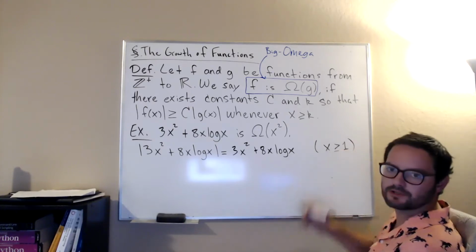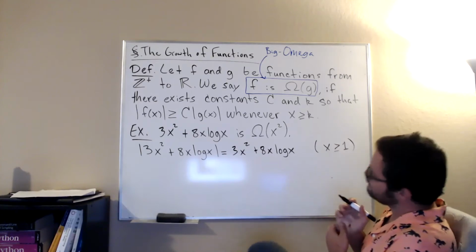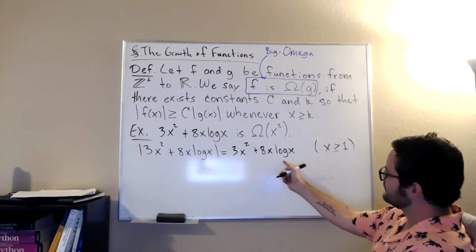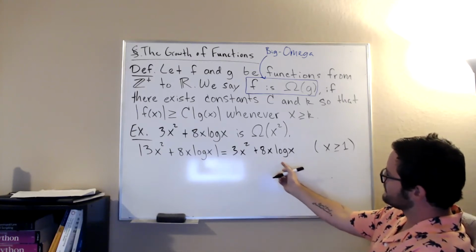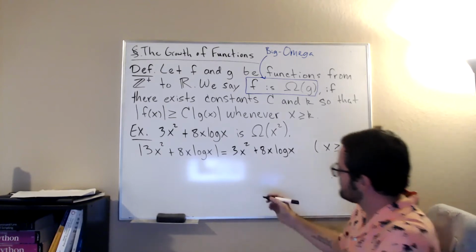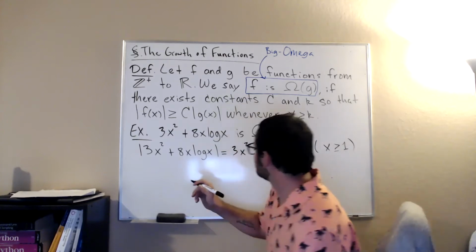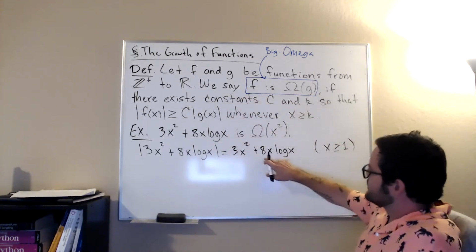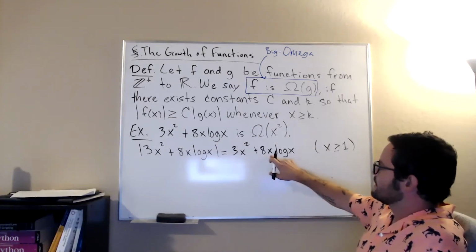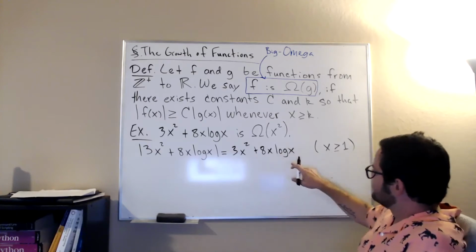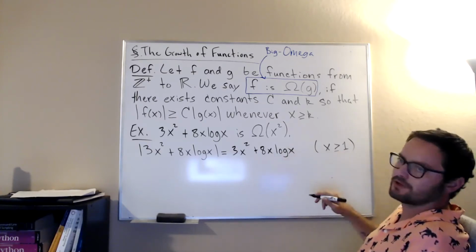It's greater than or equal to 1, doesn't matter. All right. Now, we want to somehow bound this from below. 8x times log x is positive, right? So, again, this is positive whenever x is greater than or equal to 1.